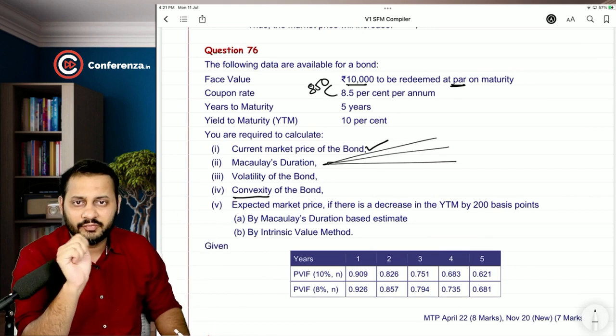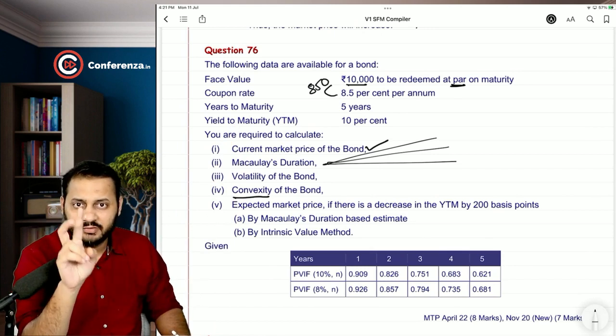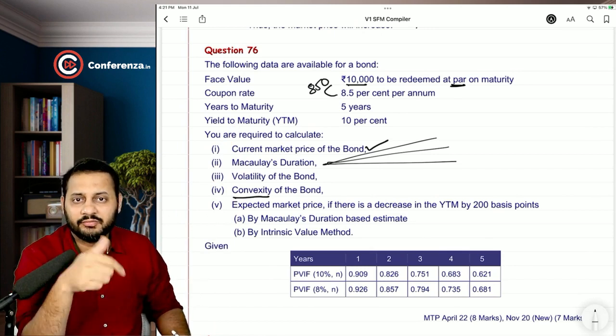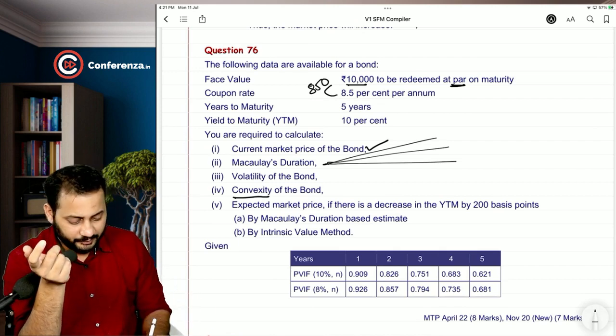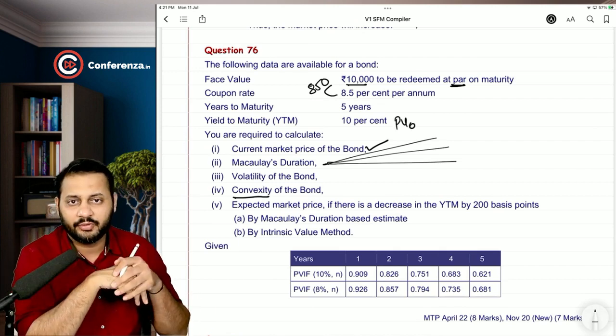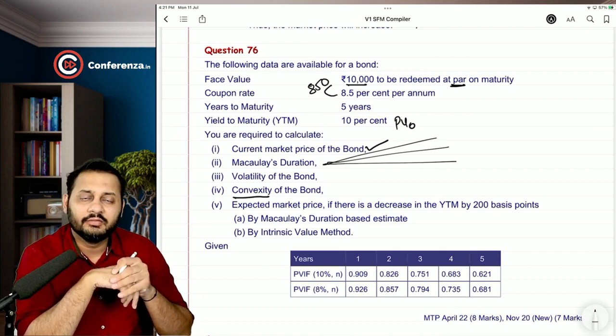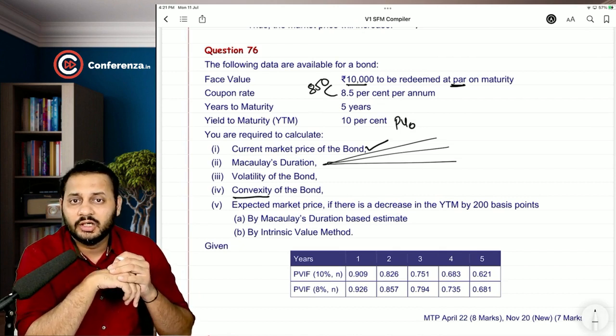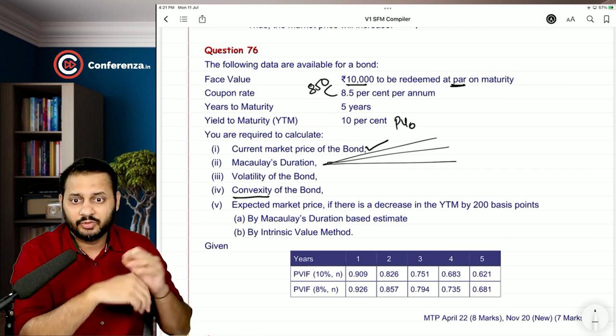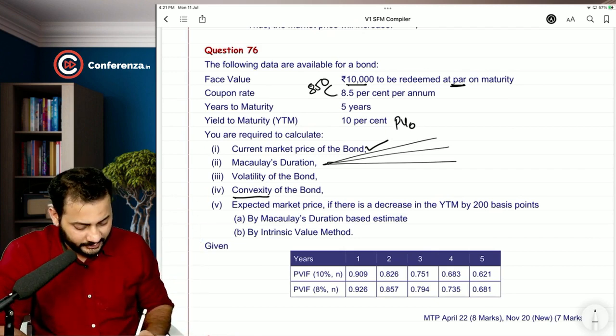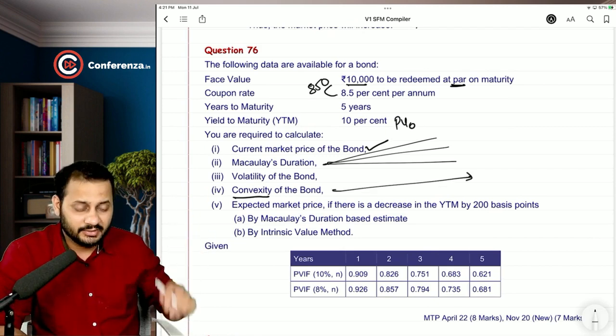Then comes the point of convexity. Please understand, for convexity we need 2 more rates at which we can discount. The PV0 can be calculated at this point, 10%, right? But what about PV plus and PV minus? Because what is the formula for convexity? Write it down.